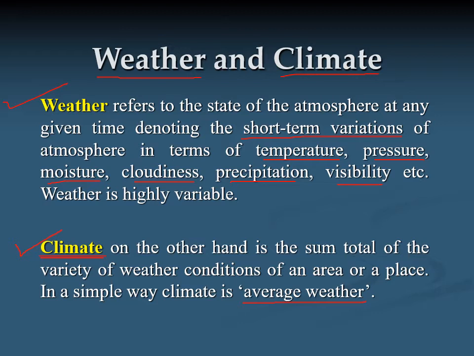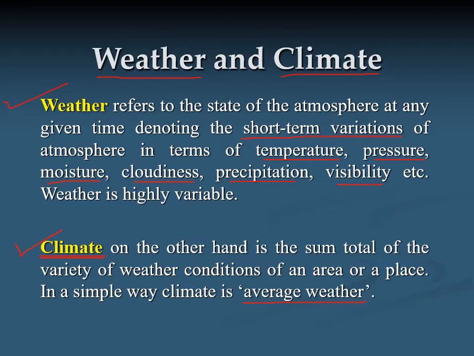Now, if someone asked you to say about the climatic condition of your hometown, then you have to average these weather conditions for that particular place, that is for your hometown. And you have to say that your hometown has a climatic condition of around 25 to 30 degrees centigrade. It has a rainfall of so many centimeters per year, like this.